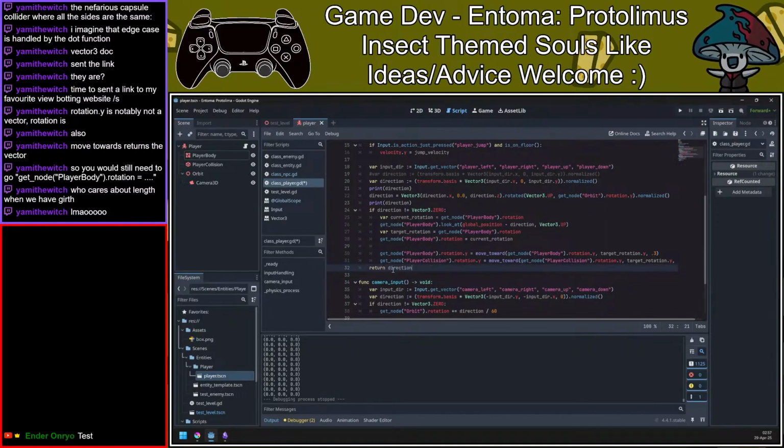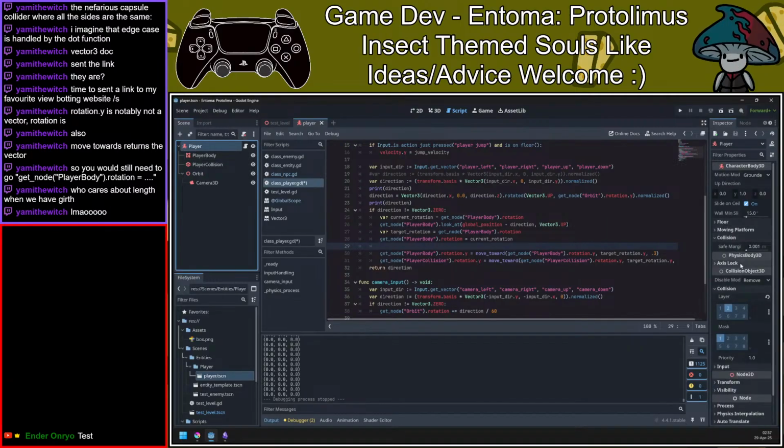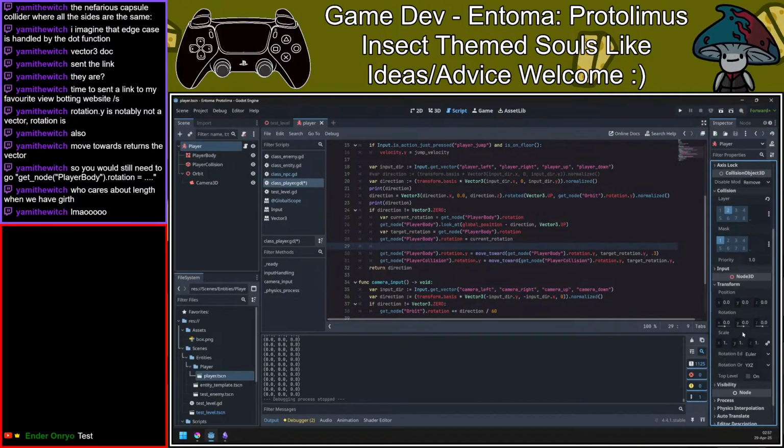Okay, I believe you mentioned something about making an attack. Because now we have a direction, so we can spawn a hurt box in front of the player. Although I guess the front of the player would be their rotation transform.